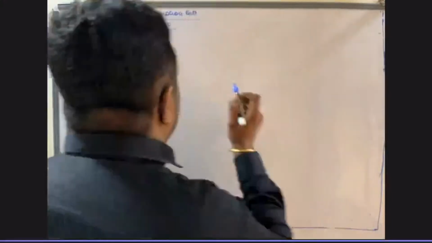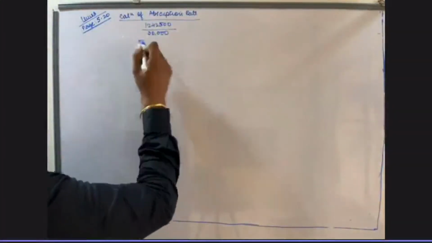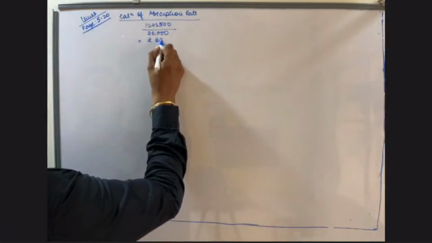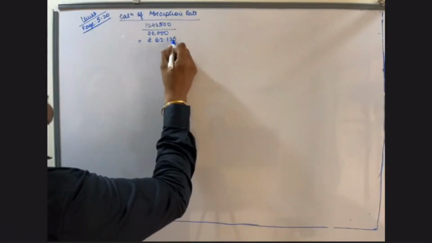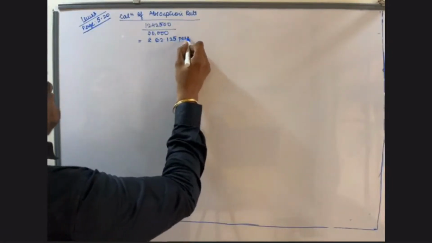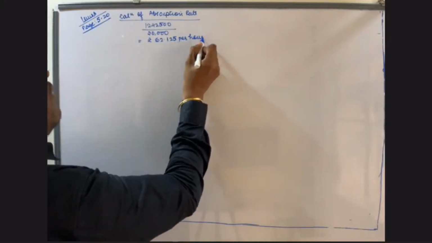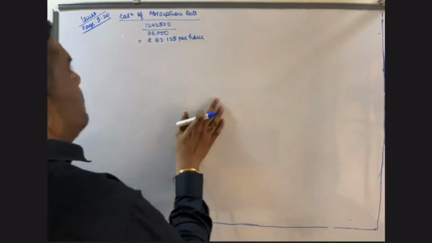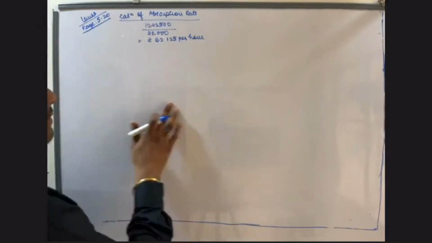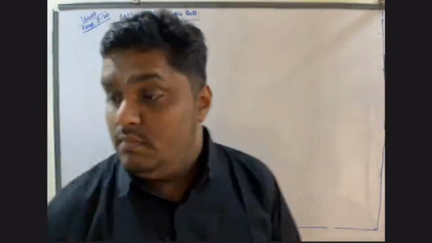So this will be 62.125 per hour. Now we can easily calculate the unit cost.